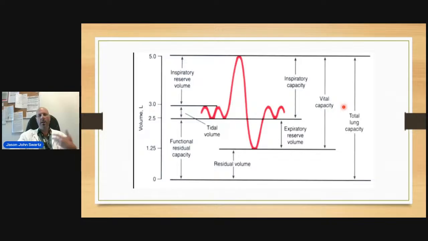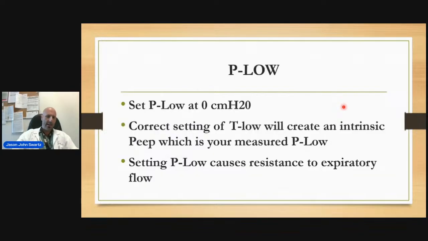And that's kind of how APRV got initiated into our ICU, was really justifying its usage with electrical impedance tomography. As mentioned before, we're going to actually set the P low at 0.